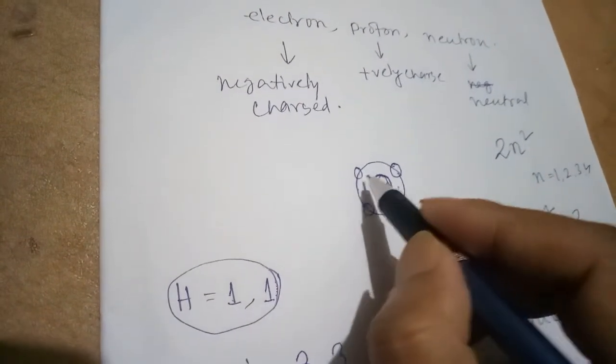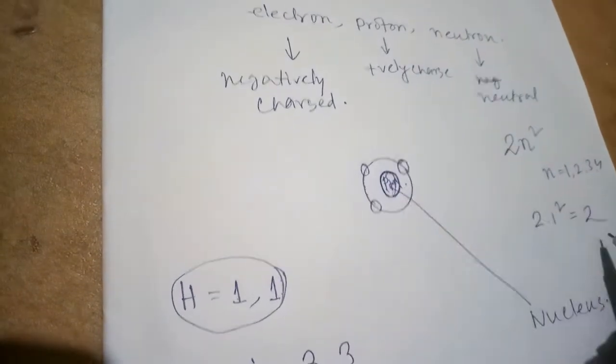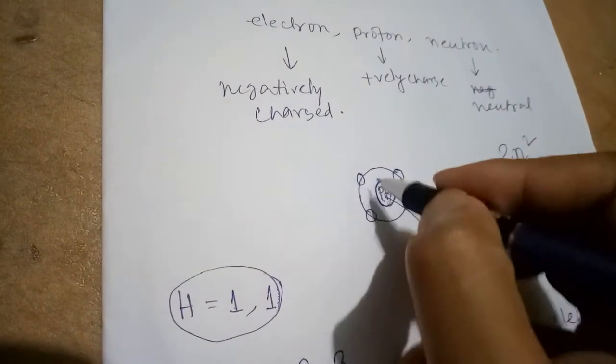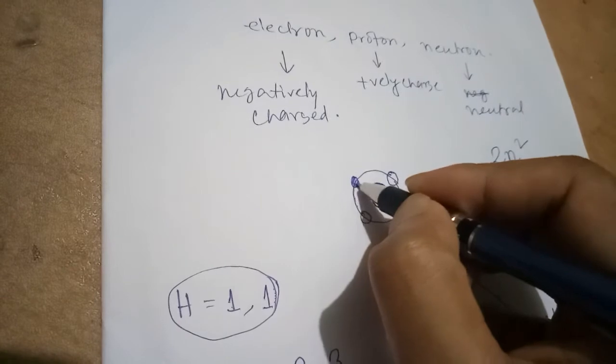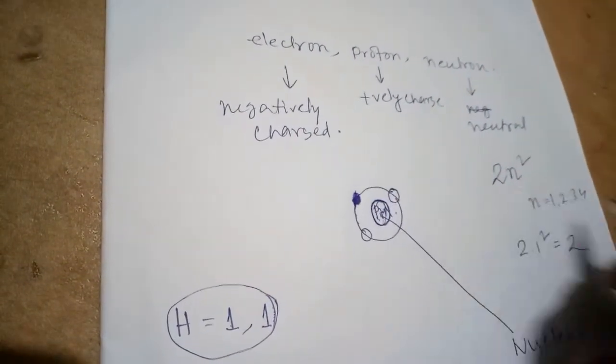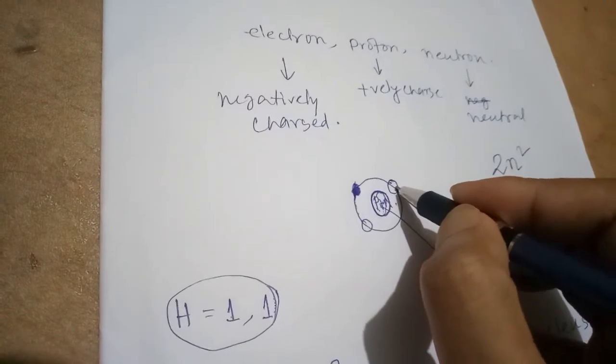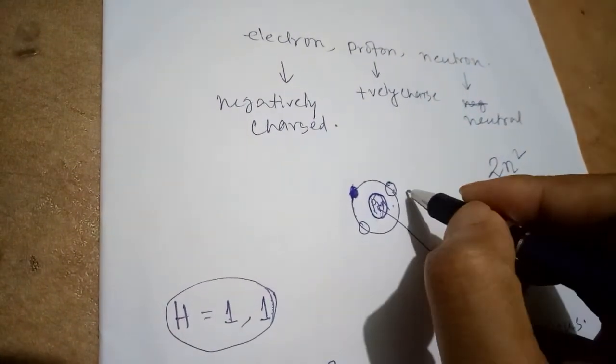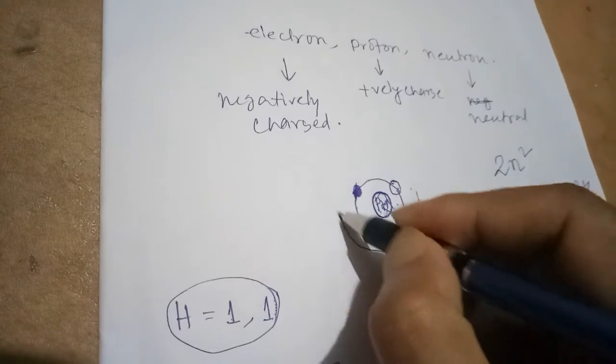That means just 2 electrons can be present in the first shell.